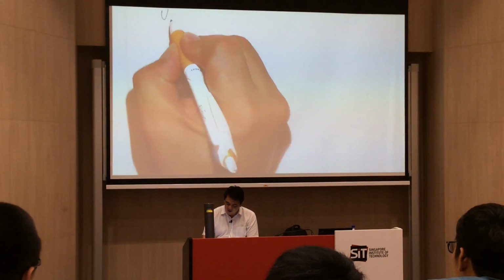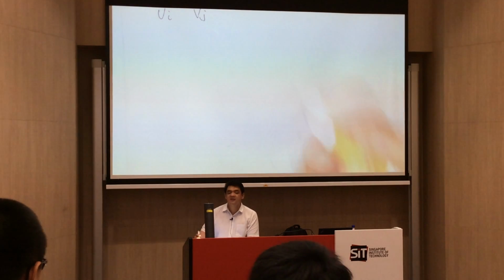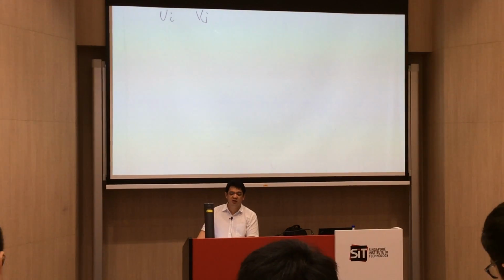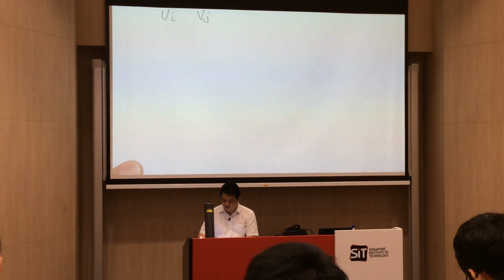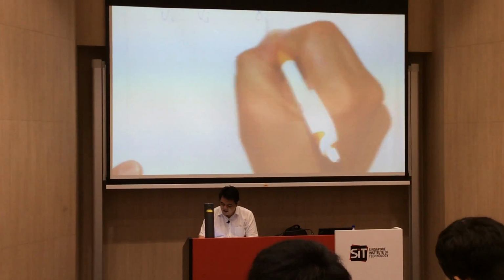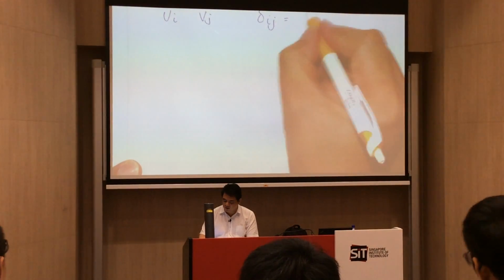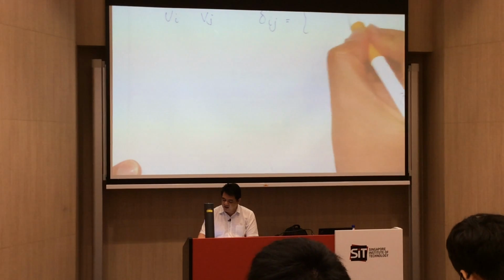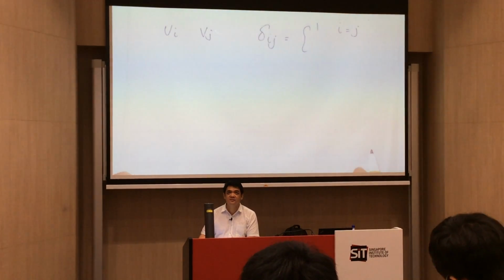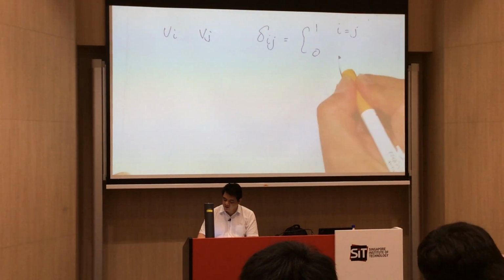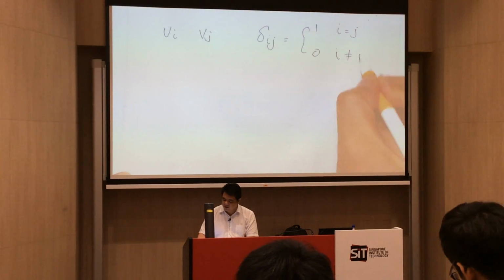So I have Ui, Vj, and I have delta ij. So this is equal to 1 if i is equal to j, and I have this one to be 0 if i is not equal to j.